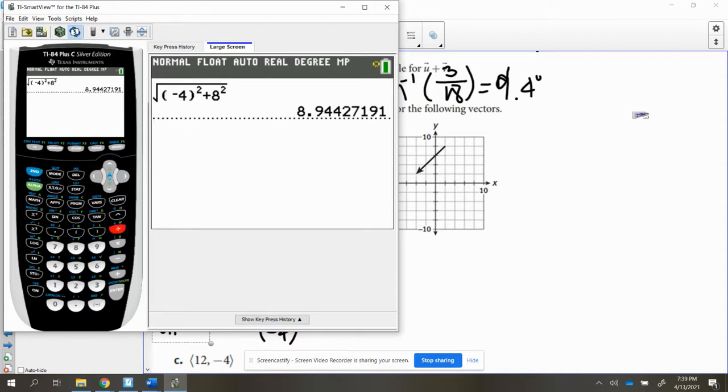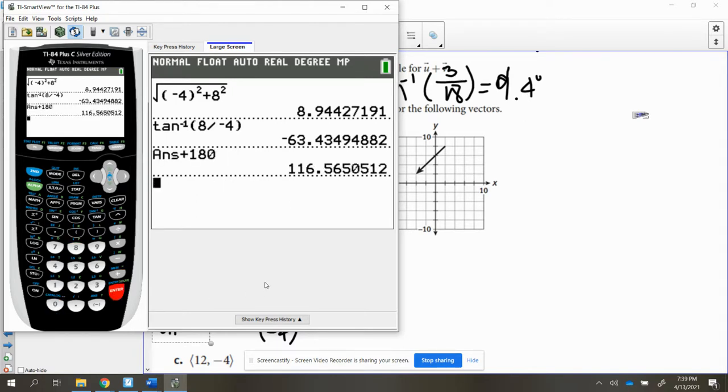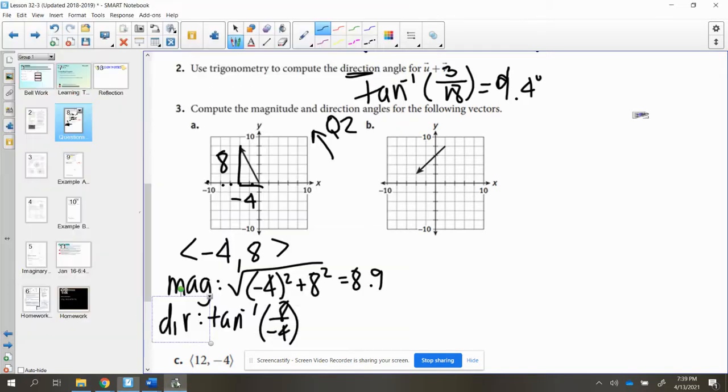Because we see that -63 degrees is officially a quadrant 4 value, right? And we know we're going up and to the left. So we would need to add 180 degrees to this to get that final answer of 116.6 degrees. Okay, so again, be aware of the final answer needing to result in a second quadrant value.